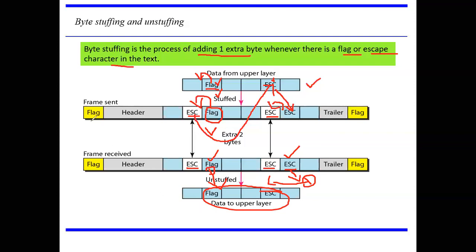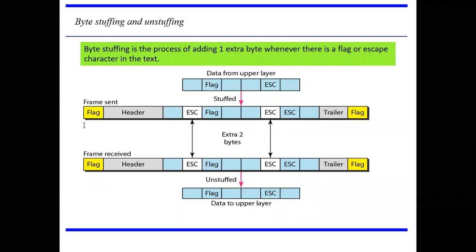Now in your example, before going into the program, I'll tell you what your flag pattern is. Flag is equal to DLE, you can take anything. DLE is the flag here, and here also the flag is DLE. Now I'll clear everything and write here.